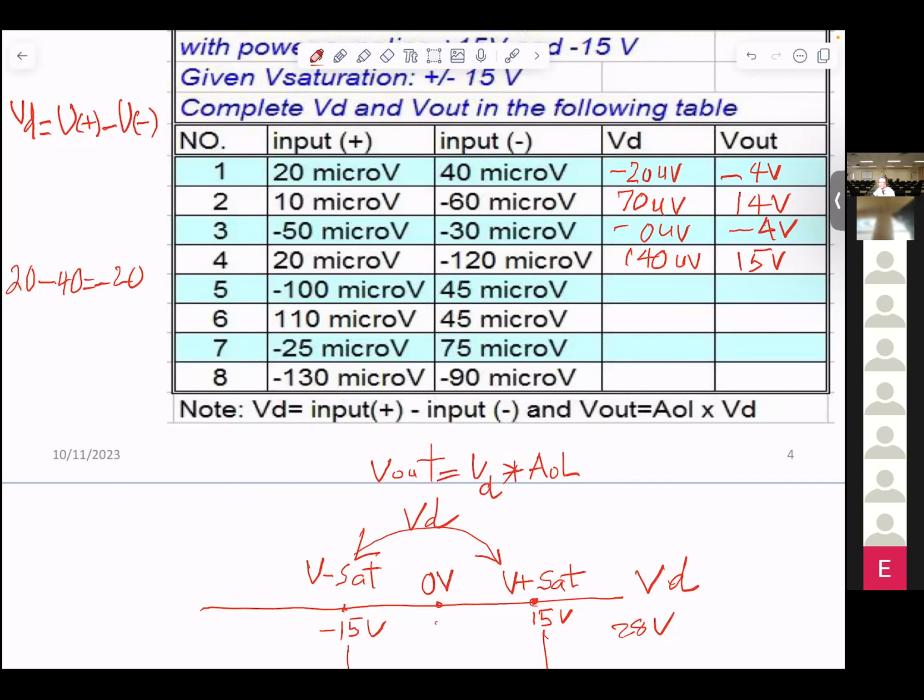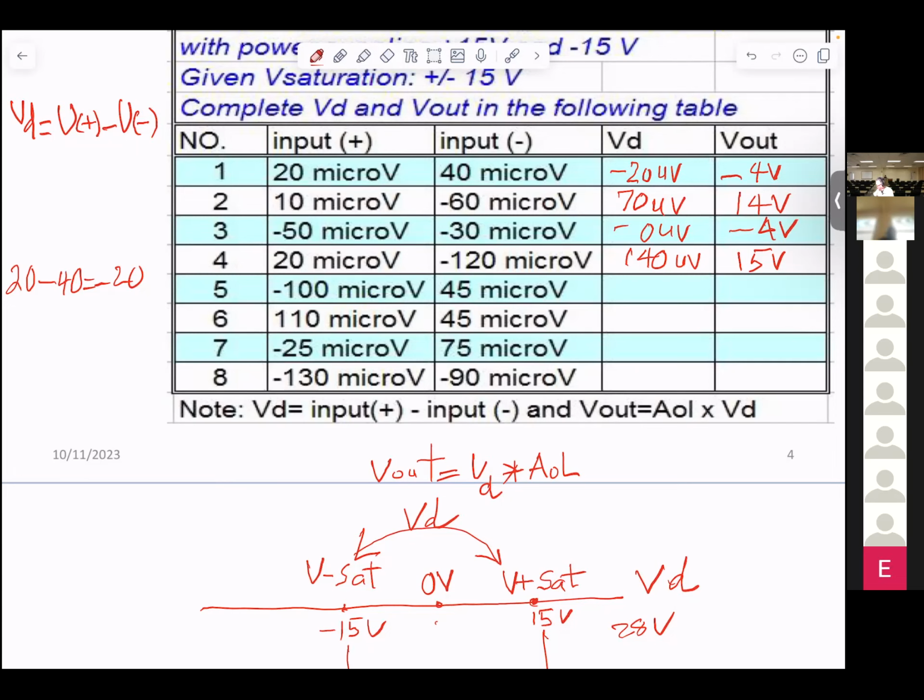Yeah, they are saturated. So they have to equal the saturation voltage. They cannot be higher than the saturation voltage. 28 is higher than 15. Right. So the op amp is already saturated.